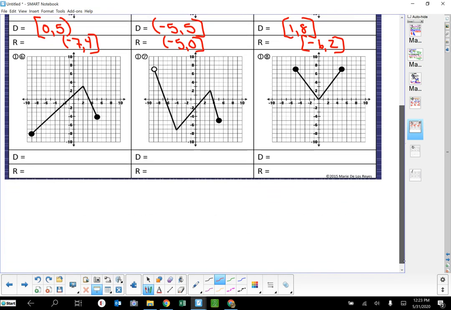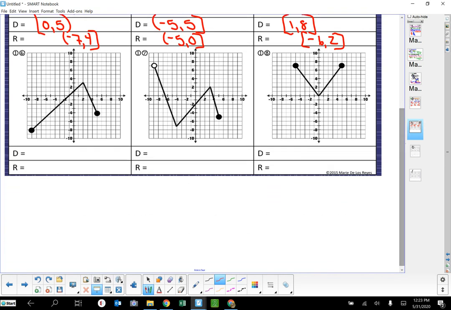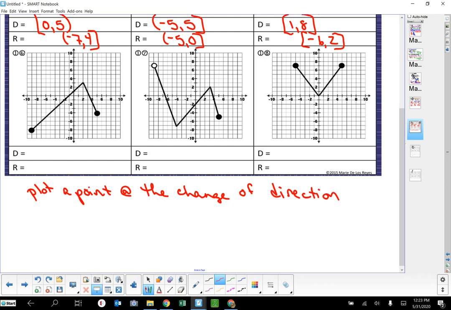Okay, let's throw a curveball in. Anytime your graph changes direction, I want you to plot a point at the change of direction. So we're going to plot a point right here on this graph, and then we are going to identify all of these.